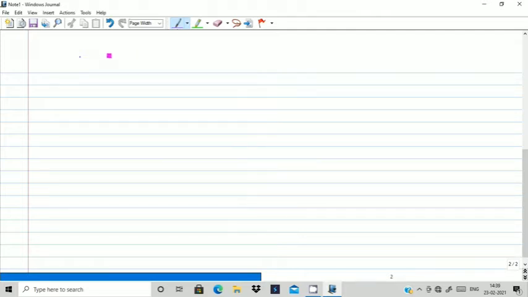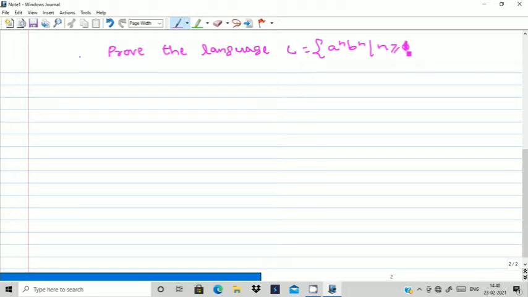Prove that the language L equal to a to the power of n, b to the power of n, where n is greater than or equal to 0 or n greater than or equal to 1, is not regular.